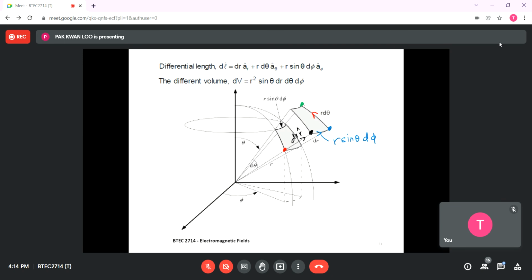I'm talking about the arc length here, r theta, d theta. So that's the differential length, dl. This is the theta direction, and this will be the phi direction.